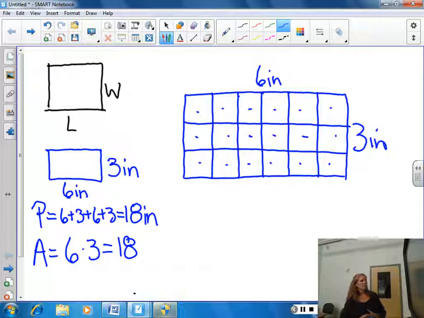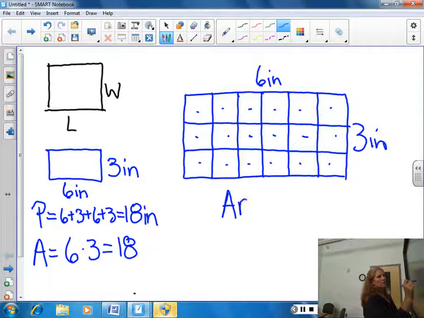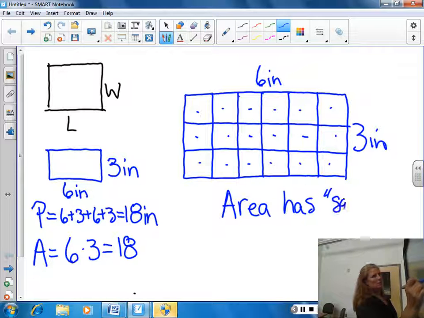But the difference is we have a different unit. Remember, perimeter had linear units, but area has square units.